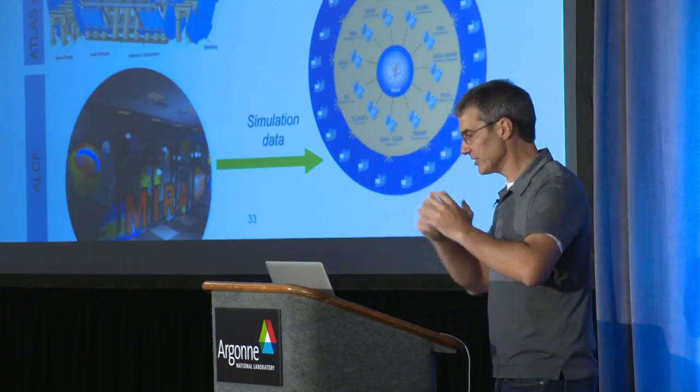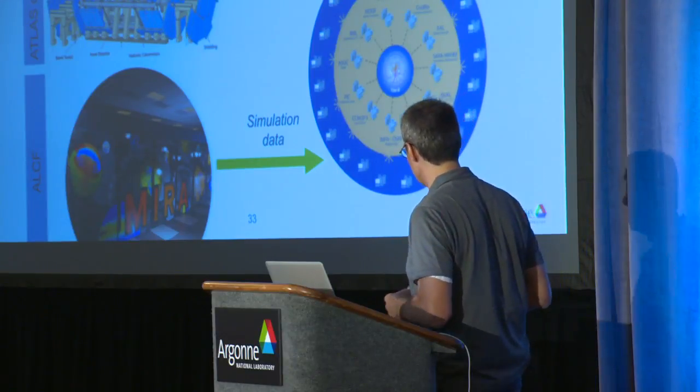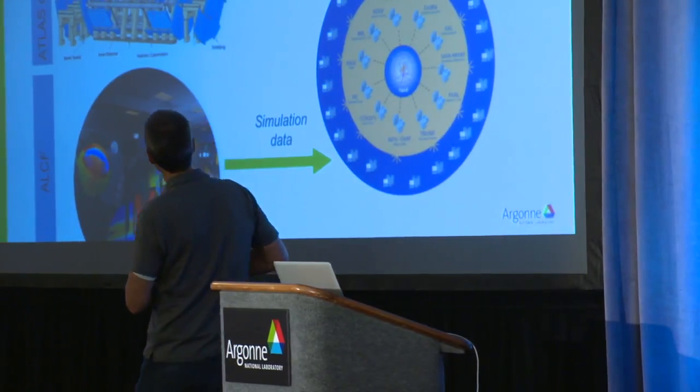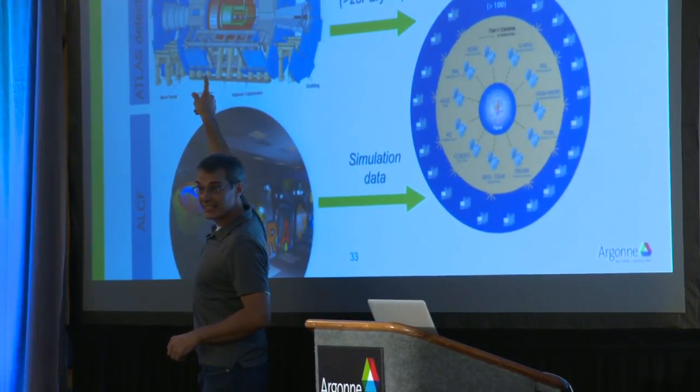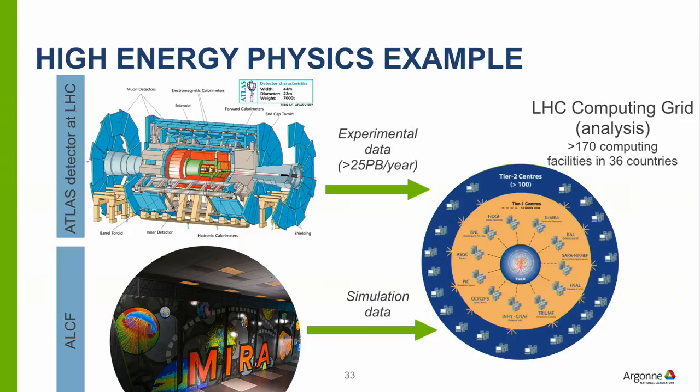So I don't know if you have the slides separately, you can see this, but they'll tend to place a human in there so that you have an idea how big this thing is, right? So it's enormous, and the data produced by it is enormous at the scale of 25 petabytes per year.